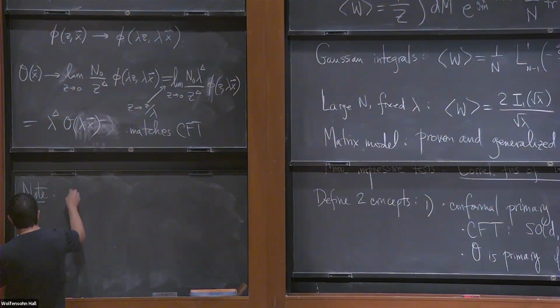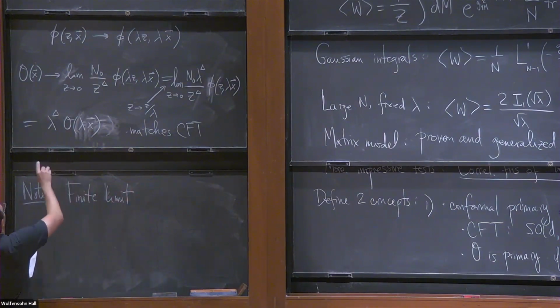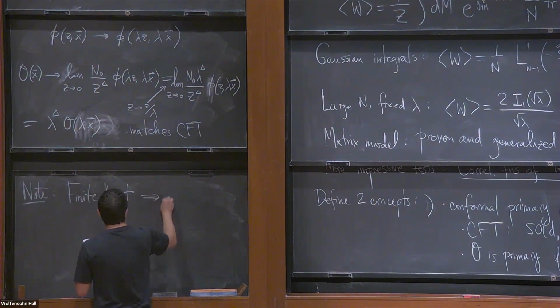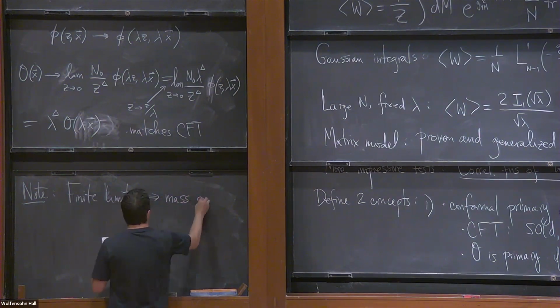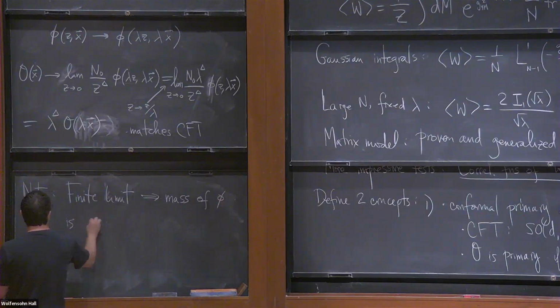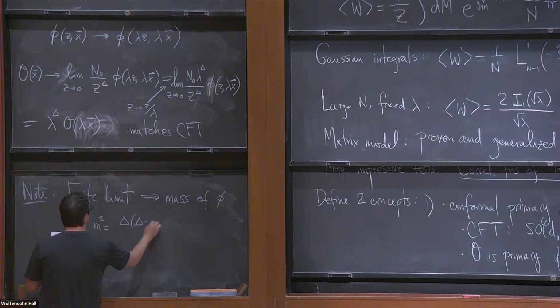Just requiring that we take a finite limit, so when we take z to 0, the fact that we get a finite answer implies, it's a simple calculation, but I probably won't do it because I want to get to other things, that the mass of the field phi is m squared equals delta times delta minus d divided by L squared.